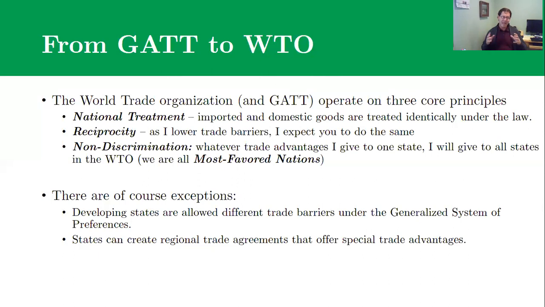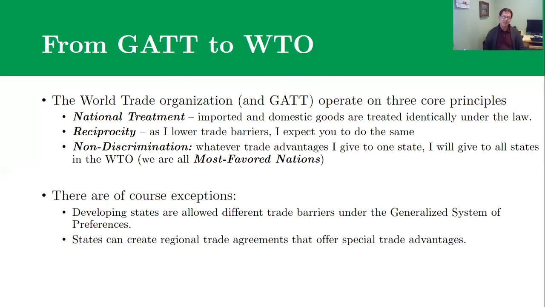And so there was a sort of hemming and hawing about how to manage that. And essentially what it boiled down to is that developing countries can cut special deals with developed countries, rich countries, about what that tariff rate looks like, and they can maybe have a higher tariff rate to protect domestic industries so that they have an opportunity to build up their economy. So that's one exception that's carved out.